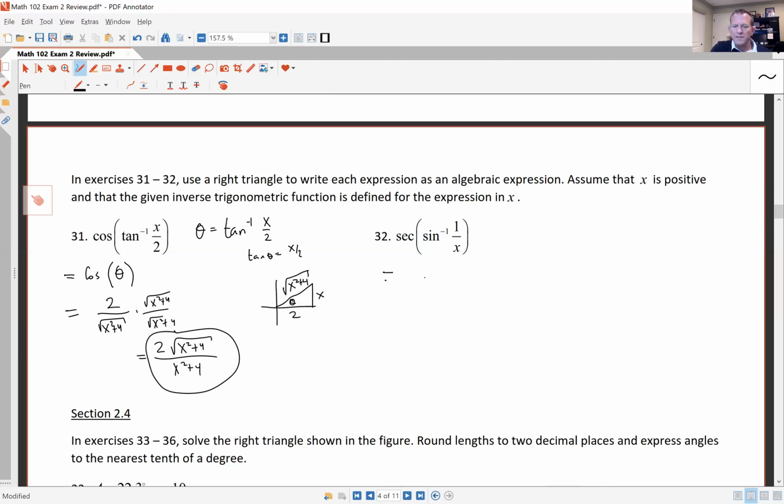32, we let theta equal the inverse sine of 1 over x, and that means that the sine of theta is 1 over x. So we draw a triangle in which the angle theta has a sine that is 1, all divided by x. We use the Pythagorean theorem to find the unknown side there. A squared plus b squared is c squared. That says that a squared is x squared minus 1, or a is the square root of x squared minus 1.